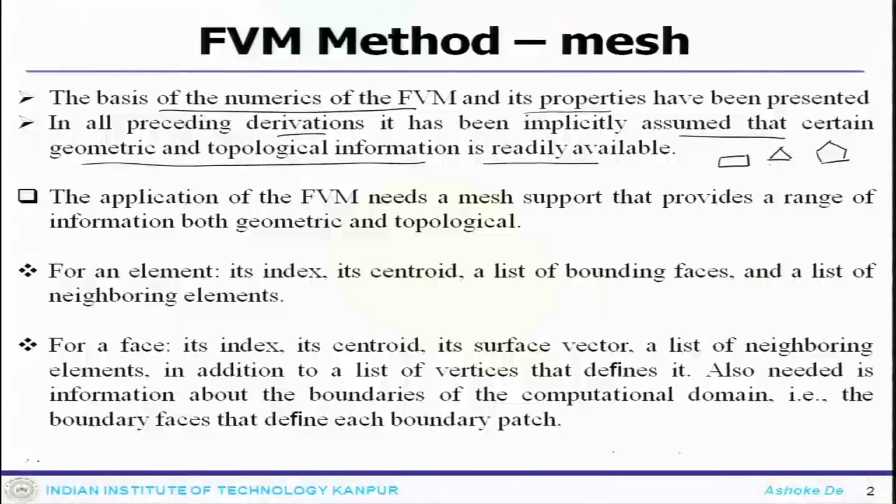These are the different kinds of elements that were assumed to be there inherently, and using that information only we have derived, or rather discretized, those equations to get the discretized form. So, that is one of the pieces of information.